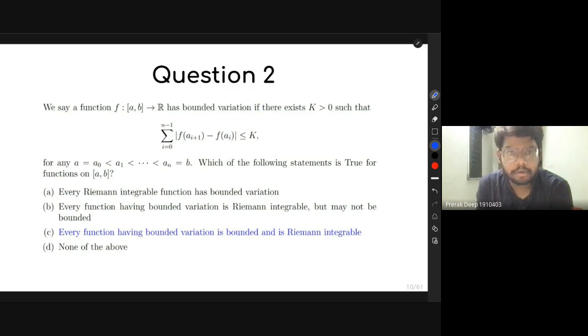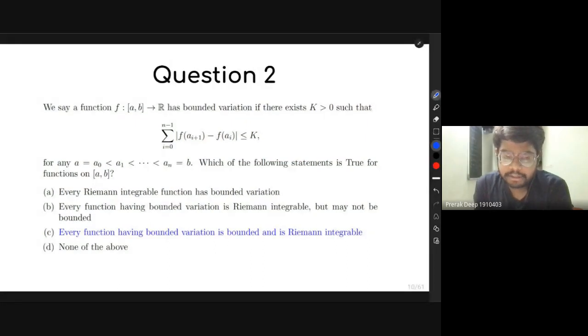So this question number two, which you can see on the screen right now. In this question, we are given a function which is of bounded variation. They actually introduced the definition of bounded variation in this question. This question is from your assignment, so you might have seen it as well. So when do we say it is of bounded variation?